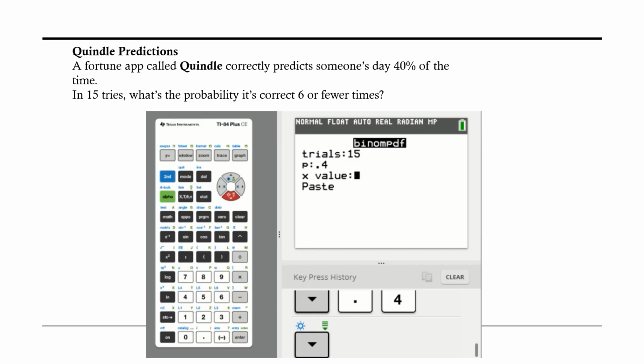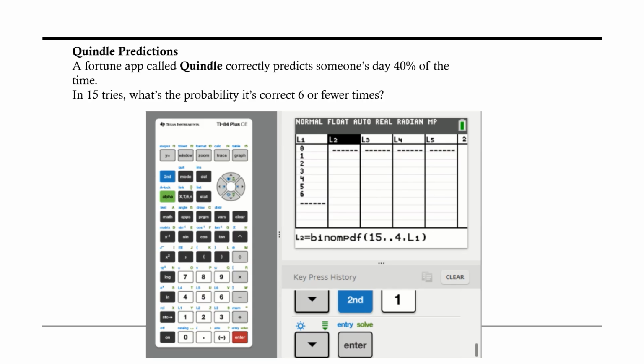The x value is whatever L1 says, because I want it to do this over and over again. So instead of giving it a particular x value, we want it to do this 7 times, 0 through 6 times. Here's what it looks like. You hit enter one more time, and it gives you all of these probabilities in L2.